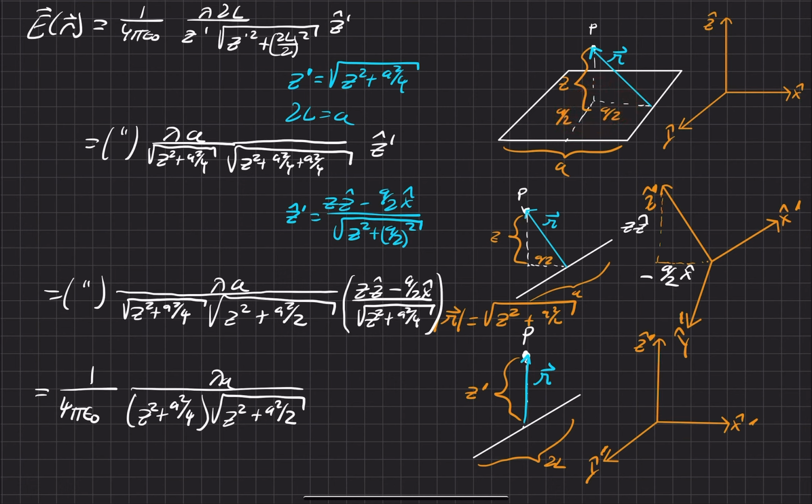So the only thing that's going to be left is all the z hat contributions. So at this point, we can just scoop up this z hat direction and just forget everything from the x hat direction, basically, and just keep this z hat portion right here. This is only the z hat portion, the only thing that's left over for the electric field at that point, thanks to symmetry, of course.